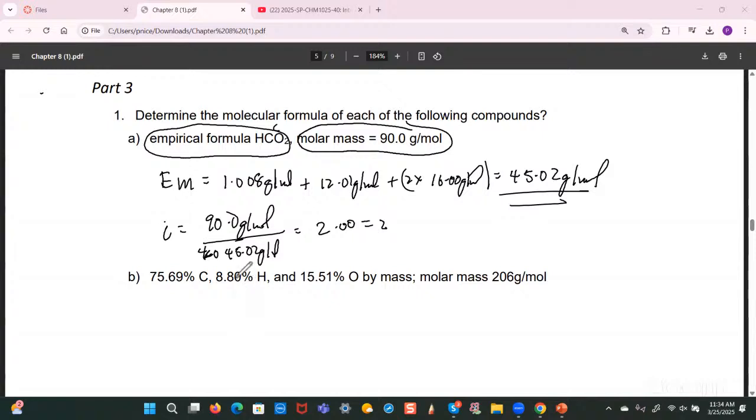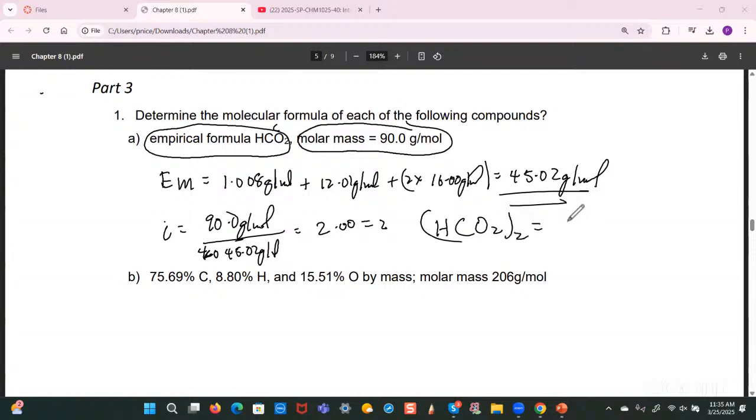Now that we have the integral factor, how do we use that to determine the molecular formula? You would multiply the elements of the empirical formula times 2. Good. Multiply all of this by 2.